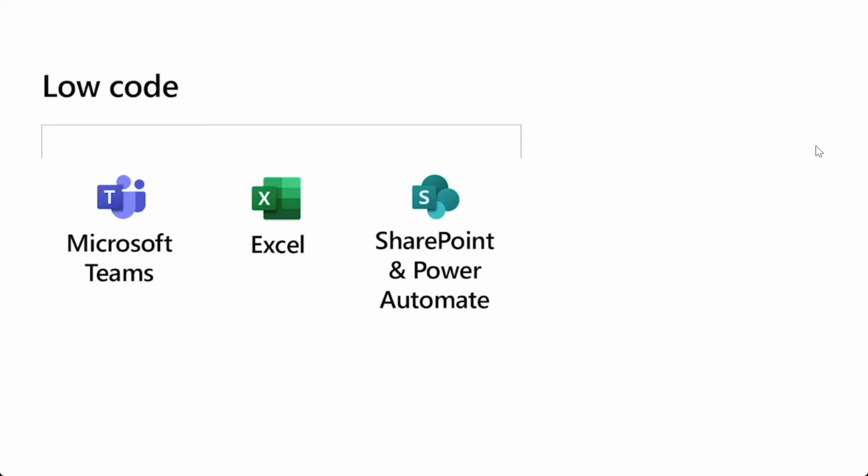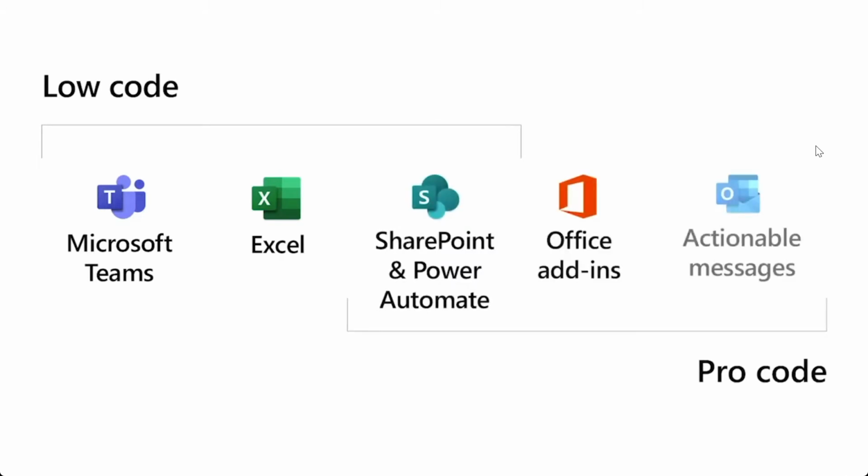And here you've got the ability to write applications and expose them into Teams, in Excel, and through SharePoint, as well as the Power Automate platform, without actually writing a single line of code. Now, you'll leverage the tools and the frameworks that are available to, in essence, pull things together and put together flows, for example, in Power Automate, but you're not actually writing code. So we classify that as your low code solution.